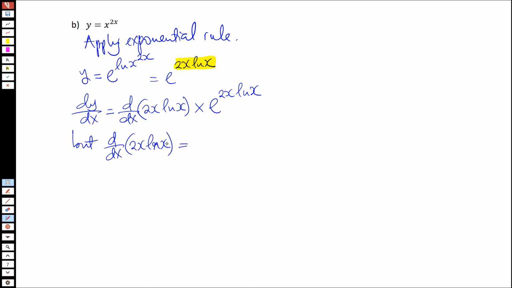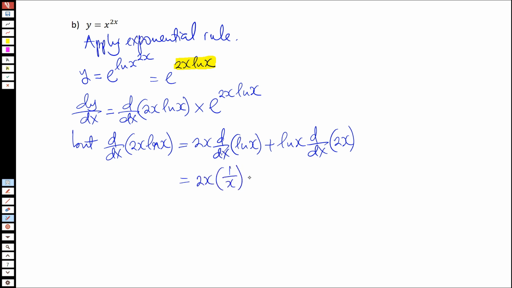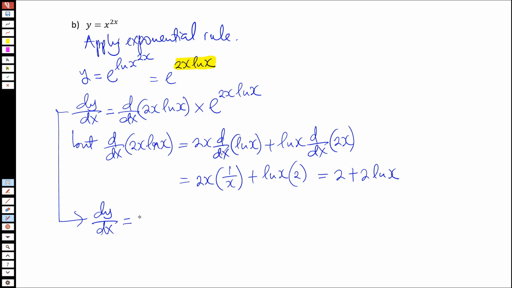So by the product rule, this will be equal to 2x multiplied by the derivative of ln x, plus ln x multiplied by the derivative of 2x, and this will be equal to 2x multiplied by 1 over x plus ln x multiplied by 2, which will be equal to 2 plus 2 ln x.